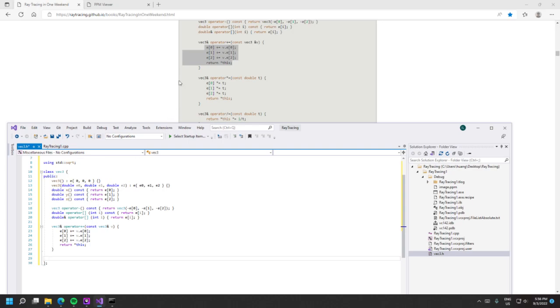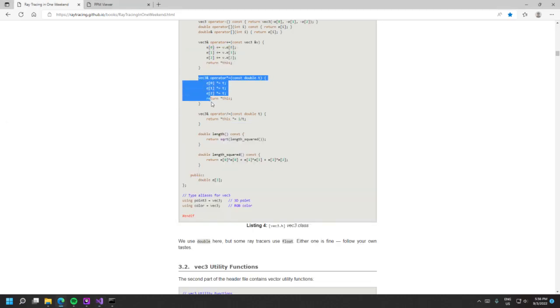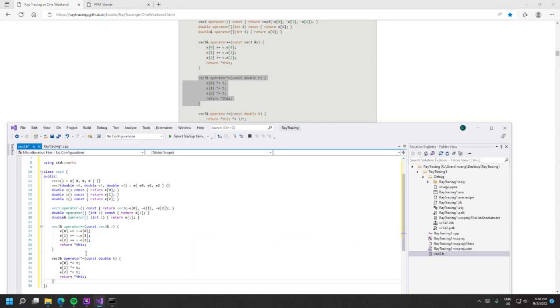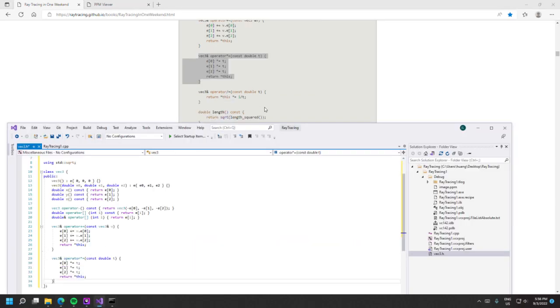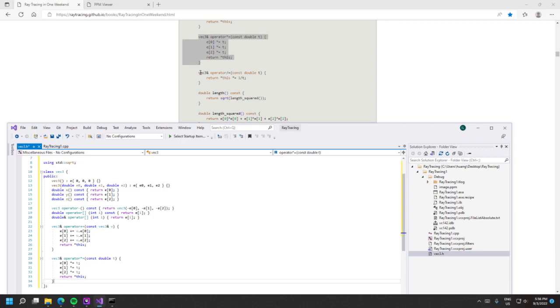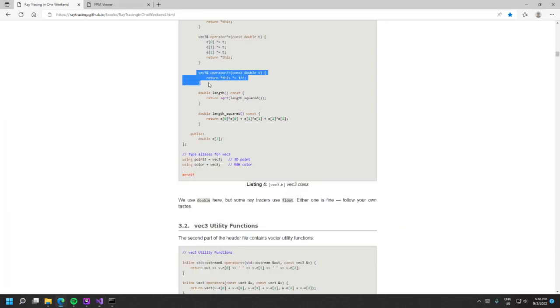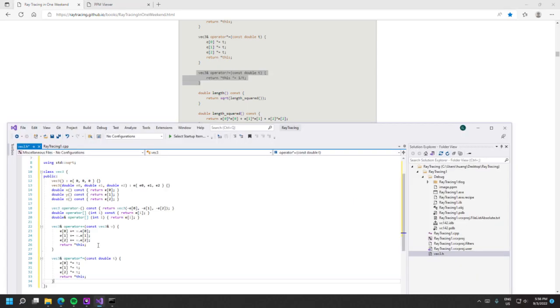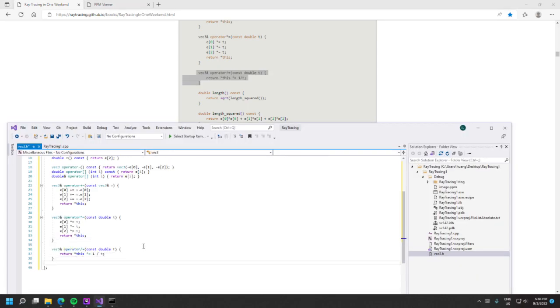And this is a multiply. I'm just going to copy the multiply because you're basically changing plus to multiply. And this is divide, you are getting the inverse. I'm also not going to type this. Length, square root. I don't know what this means. We could try and see what's happening here.